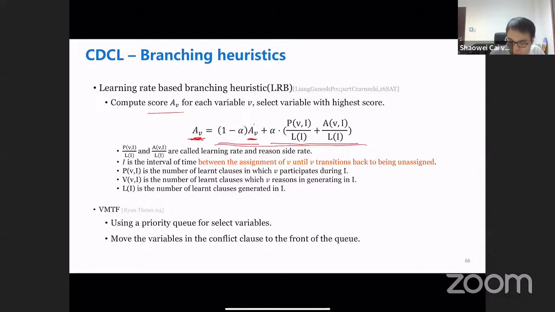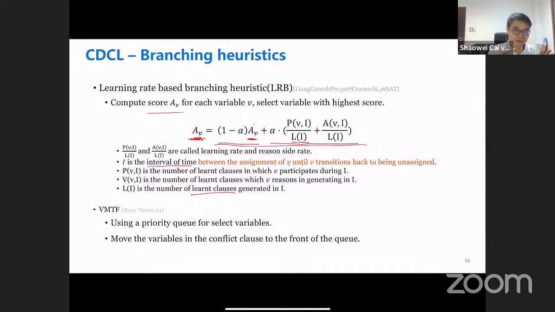Let's look at the formula. L(i) is actually a measurement of the number of learned clauses during an interval of time, and this interval I is the interval between the assignment of V until V transitions back to being unassigned.